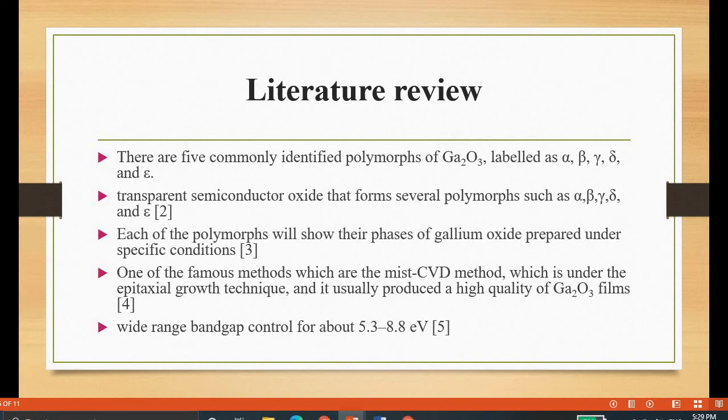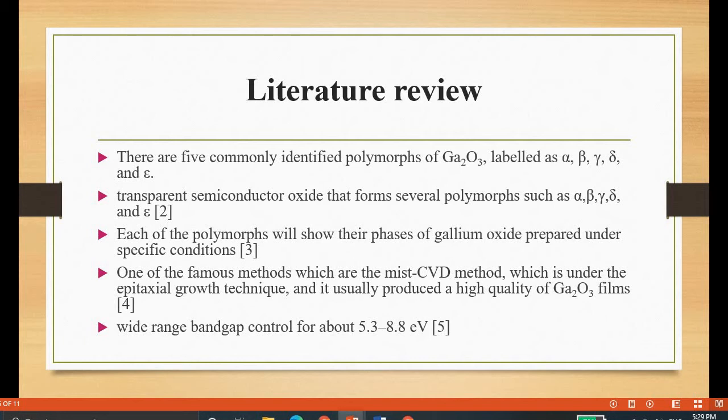Now comes the literature review. As we know, gallium oxide has five polymorphs: alpha, beta, gamma, delta, and epsilon. All of these are considered part of the semiconductor family, because they are transparent conducting oxides and also very conductive.